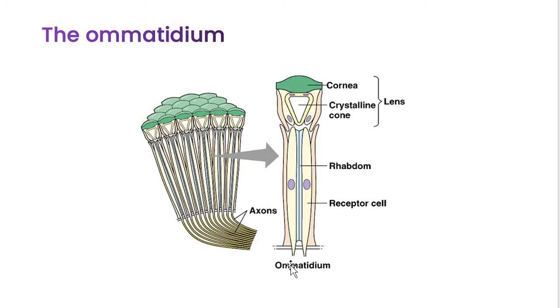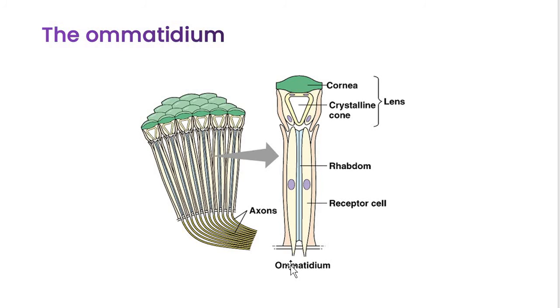So an ommatidium contains two apparatus, the dioptic or optic apparatus, which receives the light, and the sensory one.